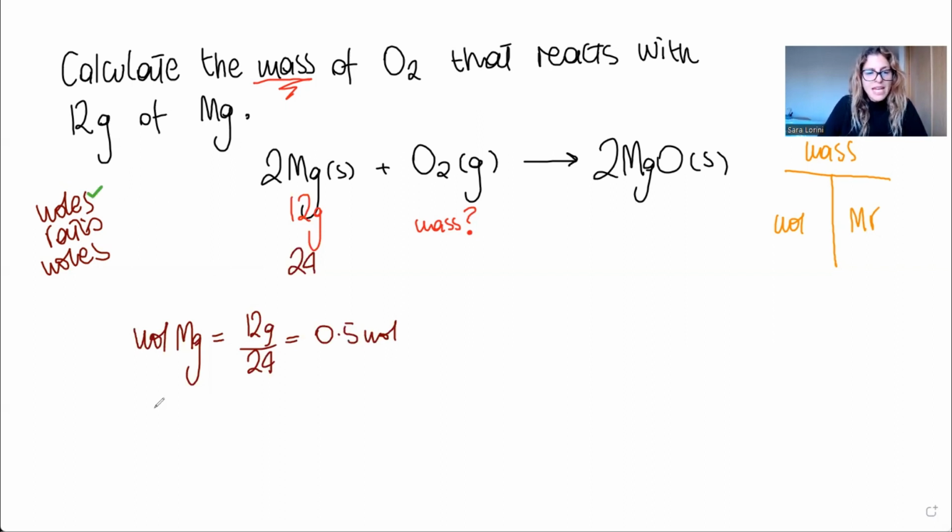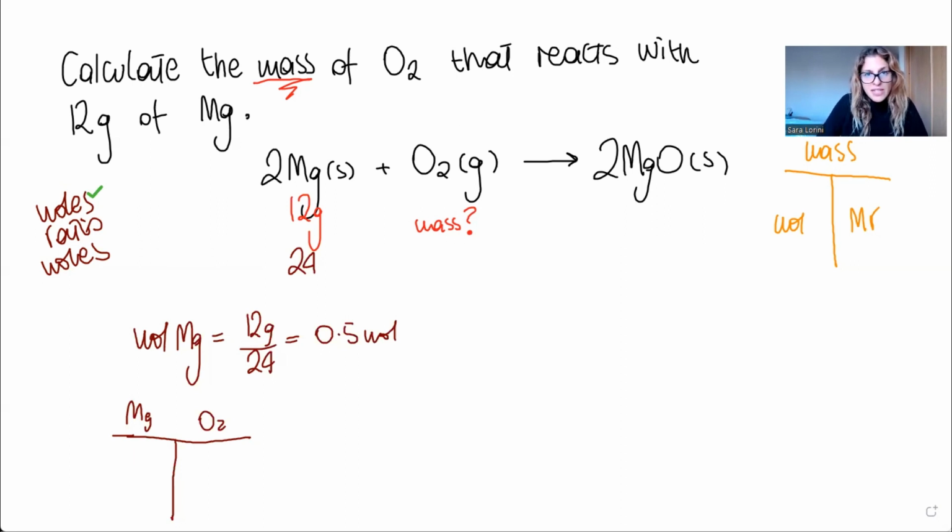Ratio. The ratio compares the relative quantities of whatever we are considering. In this case, we have the mass of oxygen that reacts with the mass of magnesium. So for the ratio, I always suggest to write a little table to do this comparison between magnesium and oxygen. And we know that by looking at the question.